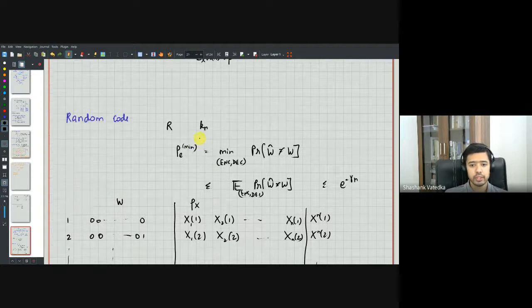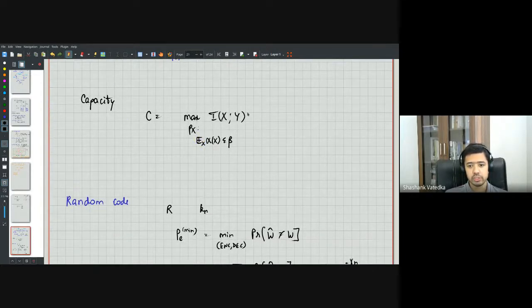Okay, so you fix a px which gets you close to this.